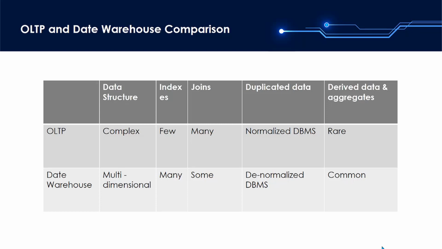With OLTP, derived data and aggregates are quite rare, whereas in the case of data warehouses, derived data and aggregates are quite common. To facilitate analytics in a data warehouse, we'll be using lots of aggregation, and we'll also need to derive value from the existing data. And these are some of the differences that we'll find in an OLTP implementation and data warehouses.